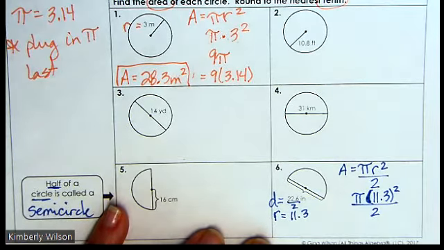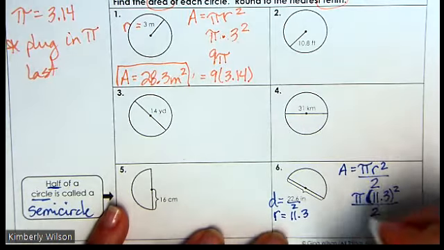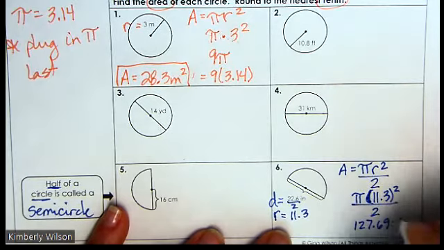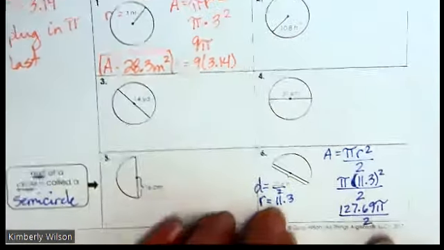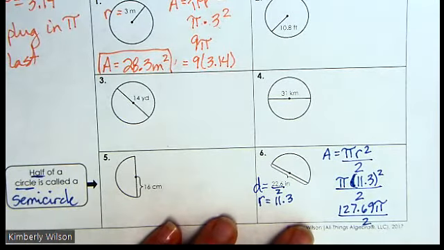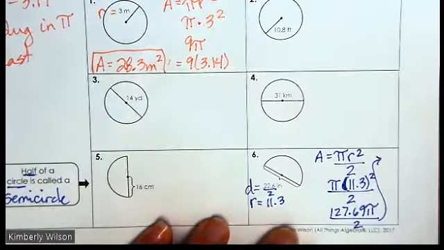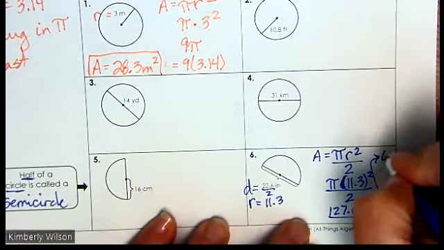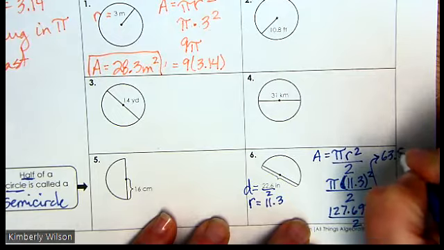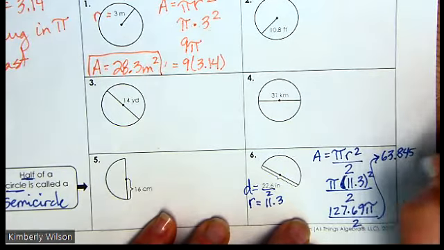So I've got to do 11.3 times 11.3. So I have 127.69 pi, all divided by 2. Remember, I'm plugging in pi last. So divide this by 2 now. And I'm going to have 63.845 times 3.14.